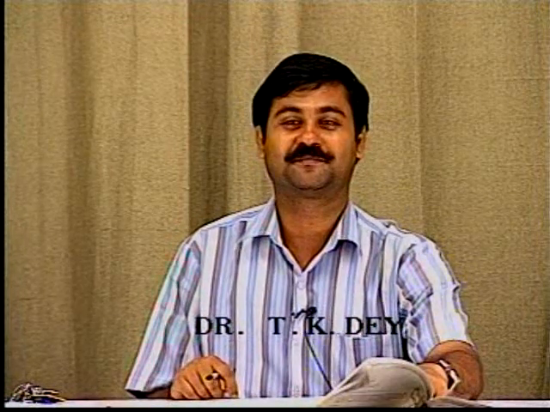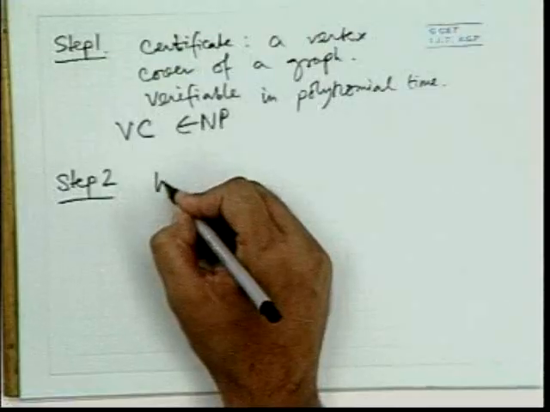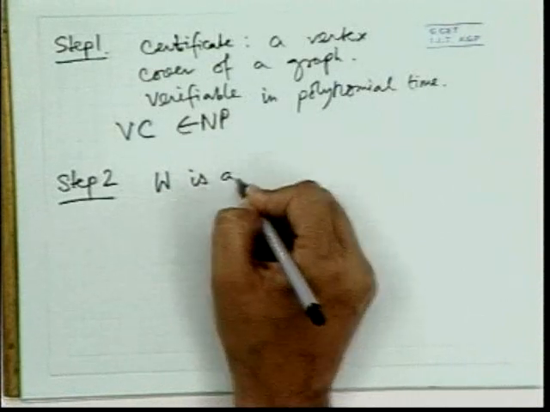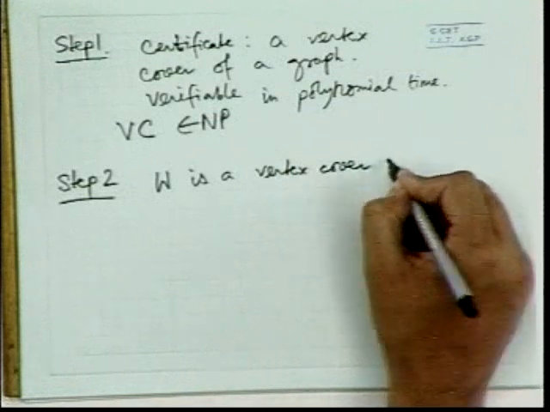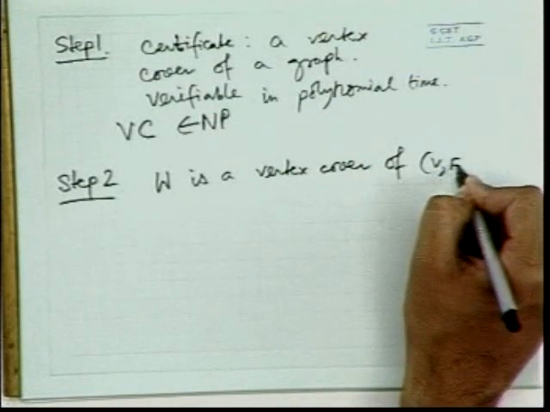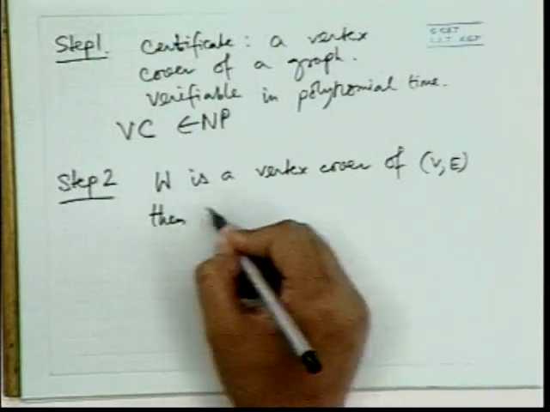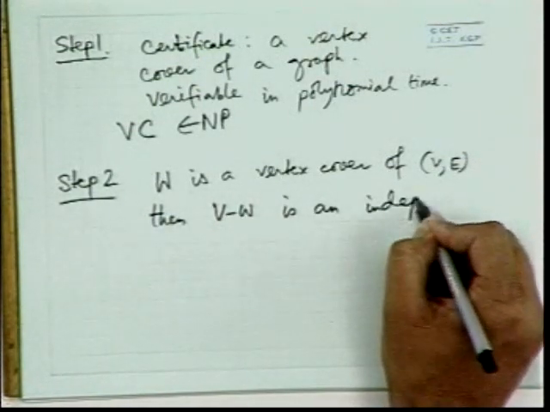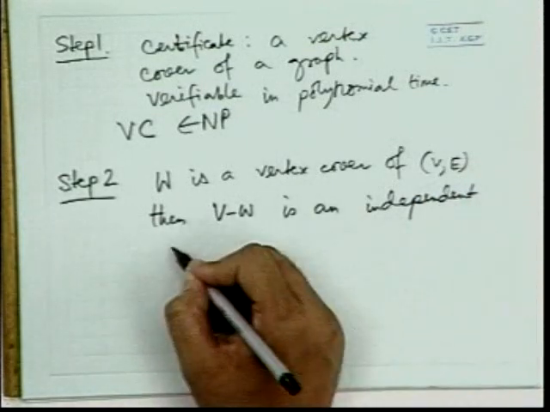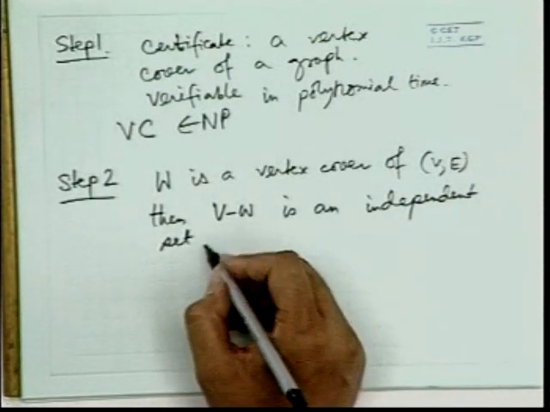If W is a vertex cover of the given graph, then V minus W is an independent set. It just follows from the definition. So the claim is, if W is a vertex cover of V, then V minus W is an independent set, and vice versa.